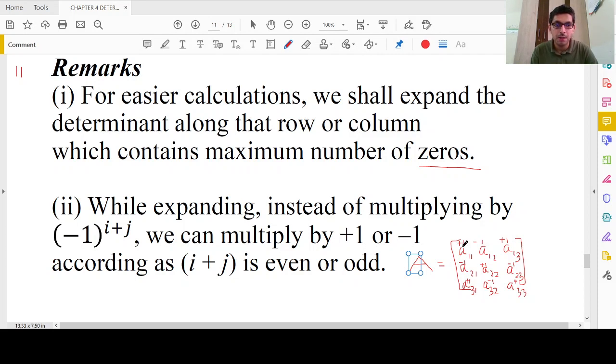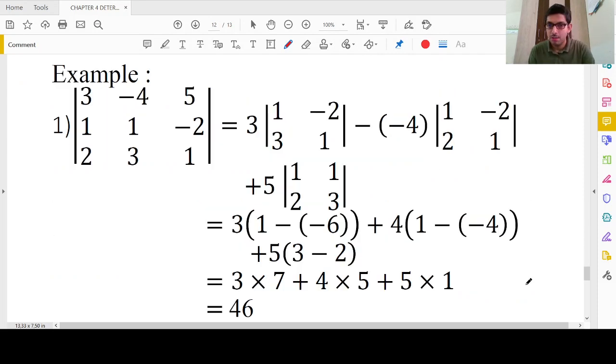So it will be like that: multiply with plus 1, minus 1, plus 1. Then alternately minus 1, plus 1, minus 1 for the second row. And the third row will be plus 1, minus 1, plus 1 if you are using the third row. That means plus 1 into A31. Then the similar procedure: delete the row and column, take the second order determinant.